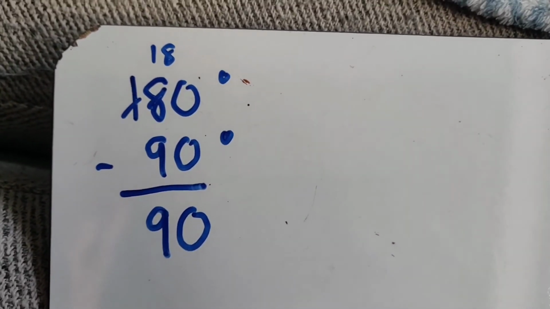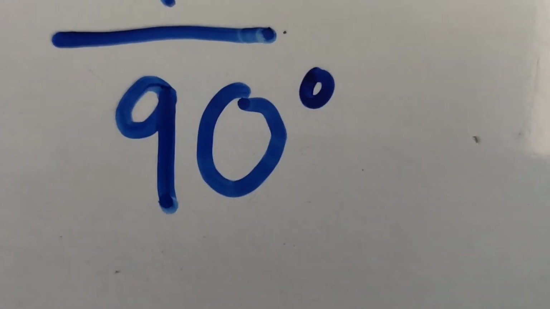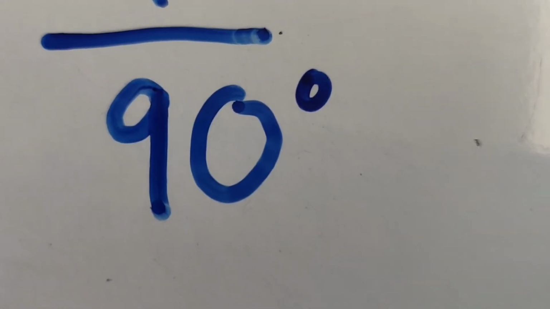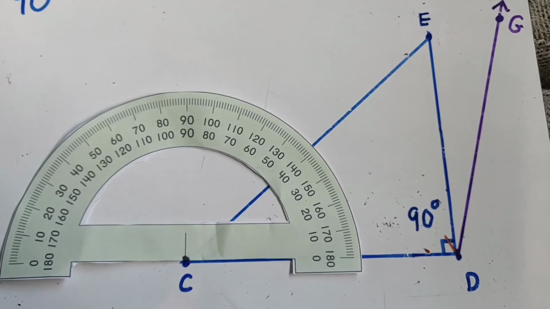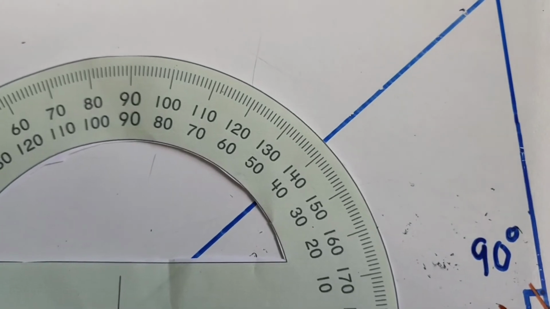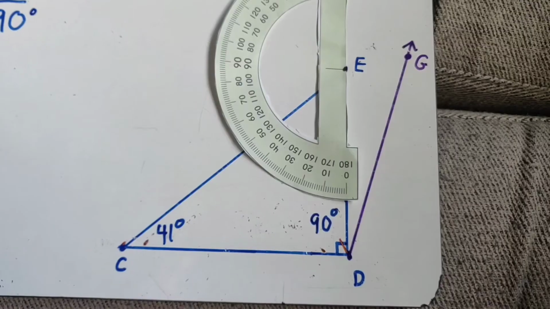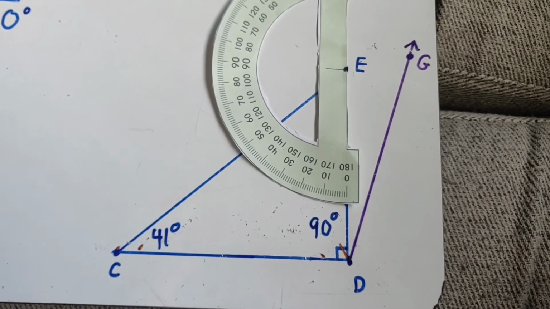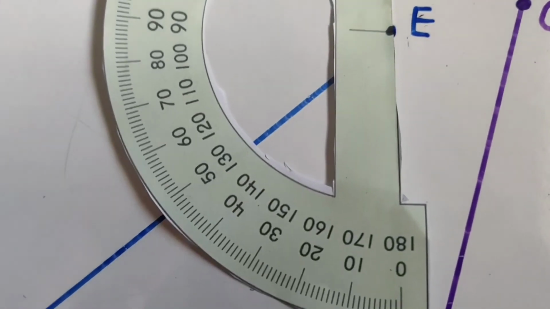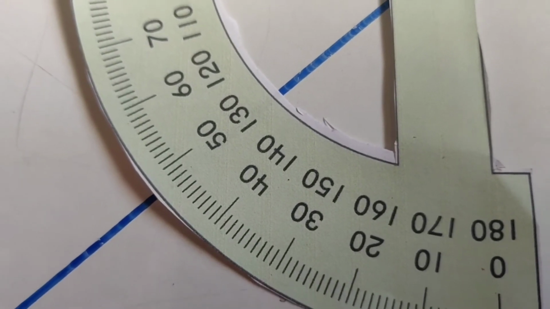So the sum of the other two angles should be 90 degrees when we add them up. So I see that angle DCE is about 41 degrees, and angle CED is about 49 degrees.